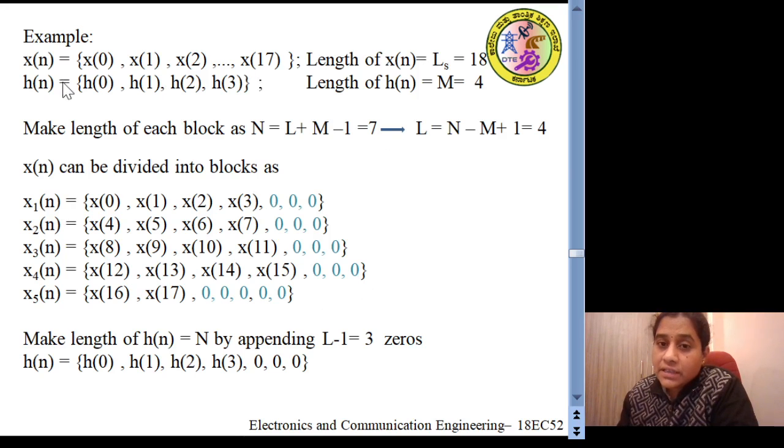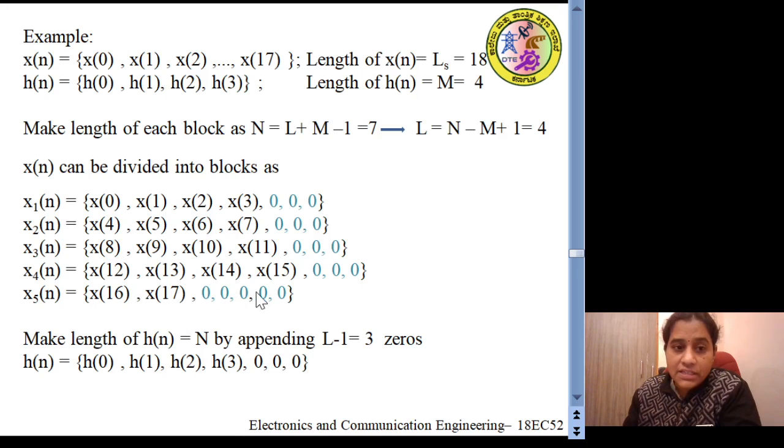Last, our x of n goes up to x of 17, because totally there are 18 samples. So the remaining samples are 16 and 17, so only 2. But the length of that particular block has to be 7. So to make the length of this last block 7, we have to append 5 zeros.